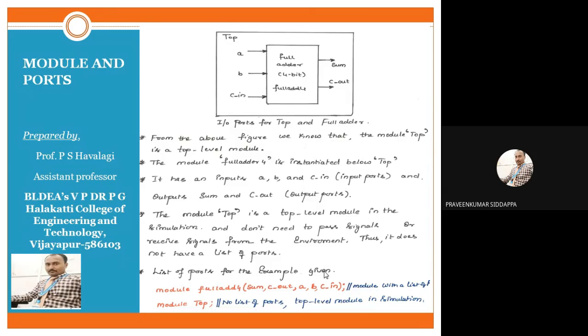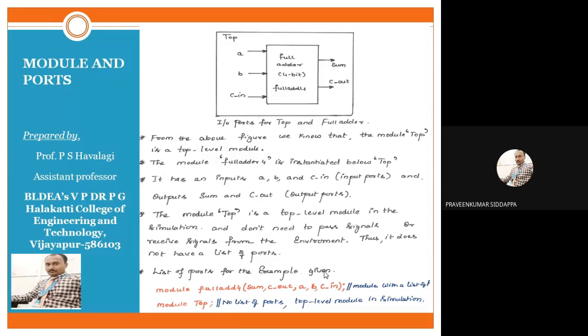Here we are designing the full adder, and for that full adder we have called the name full adder 4. Whatever we are designing, this whole thing is a top-level model. It has three inputs, A, B, C, and two outputs, called sum and C out.